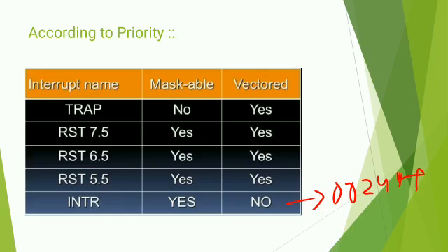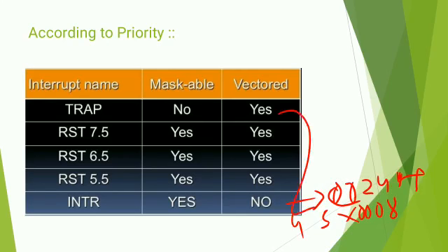That is calculated by multiplying the RST value, meaning 4.5, into 008, and we will get 0024H.